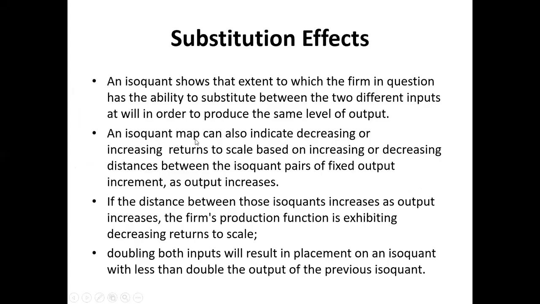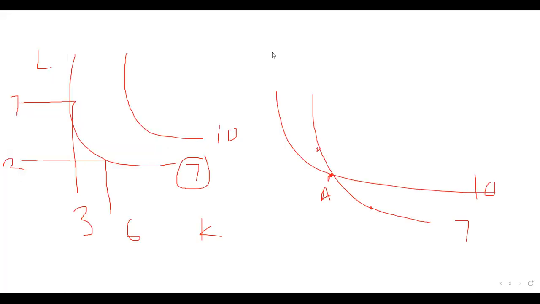An isoquant map can also indicate decreasing, increasing returns to scale, or they can also depict constant returns to scale. Now, what are returns to scale?